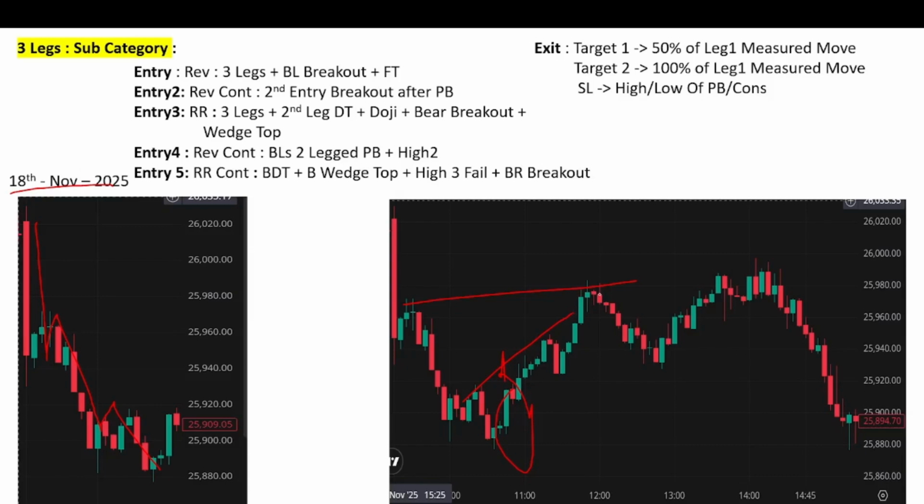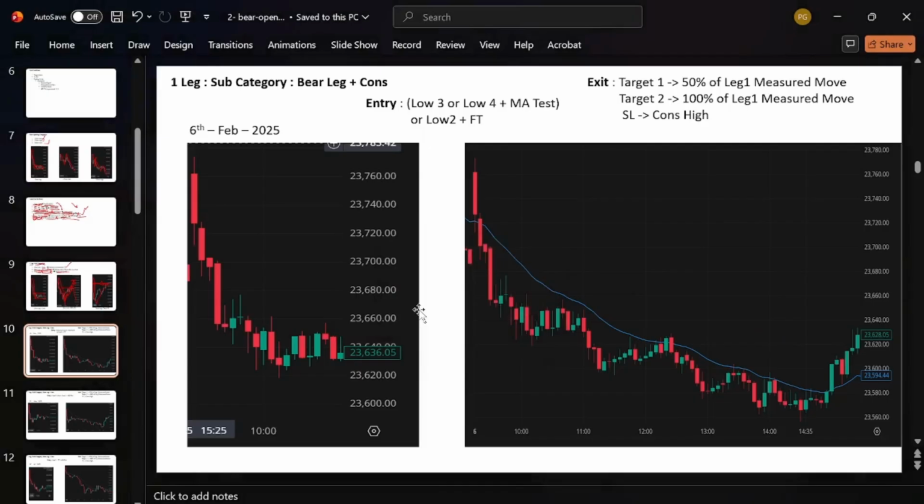So you enter reversal and reversal trade around here, and you can exit that when you see the double bottom being made with the second leg or third leg of the bulls here, and you can enter this, or you can just keep it quiet and you can just exit this, and you can enter this wedge top and double top reversal continuation trade. So that's all about this video, bear openings on expiry day.